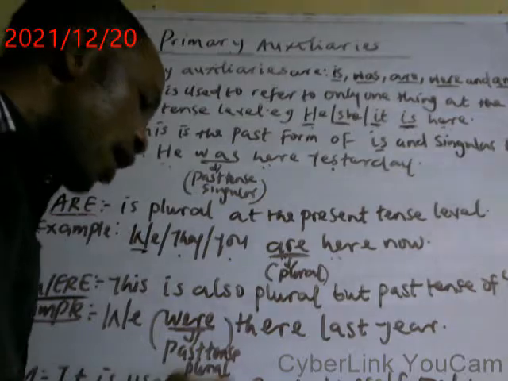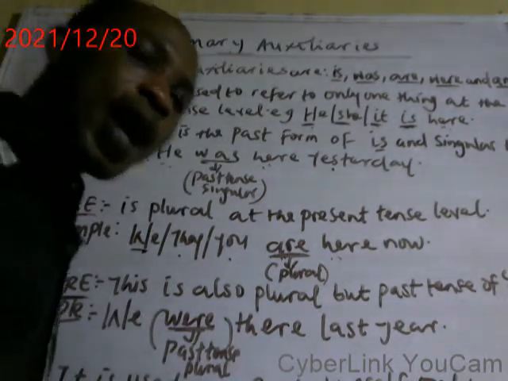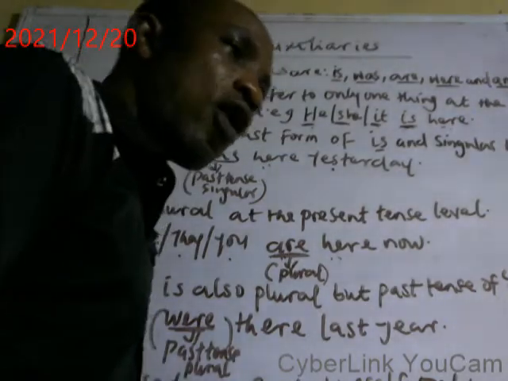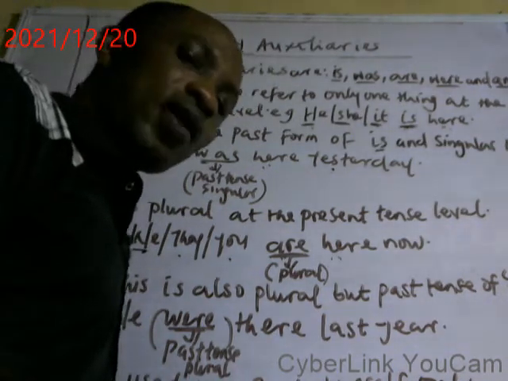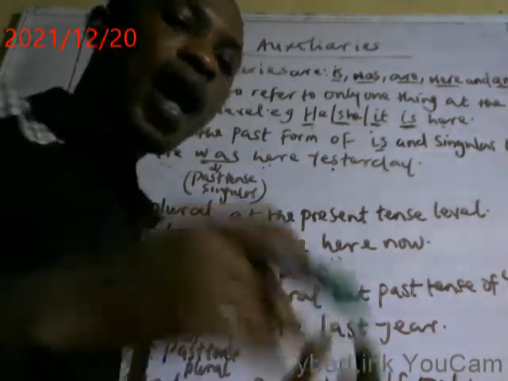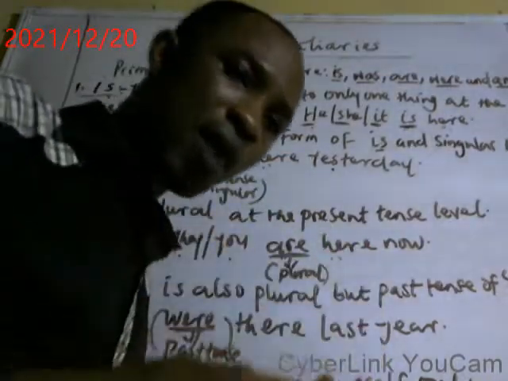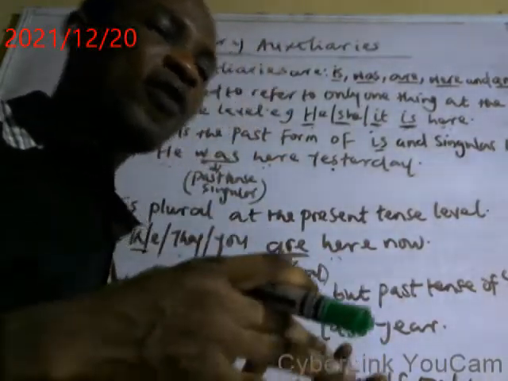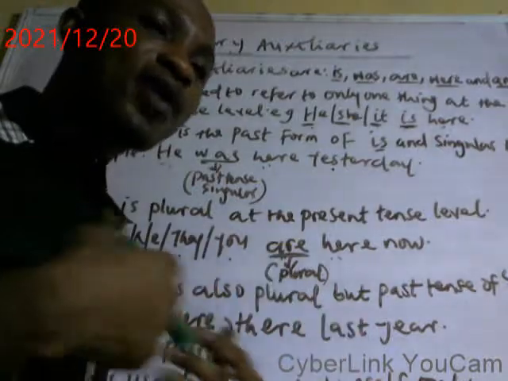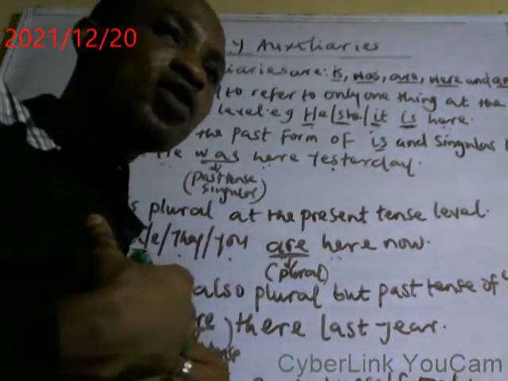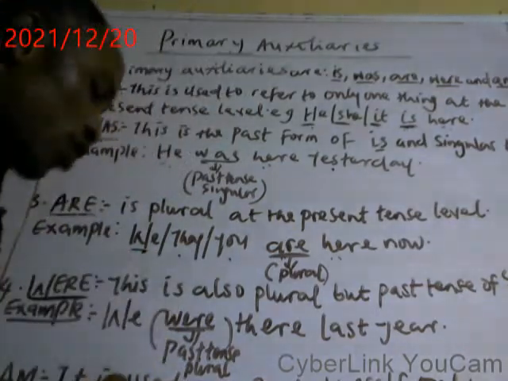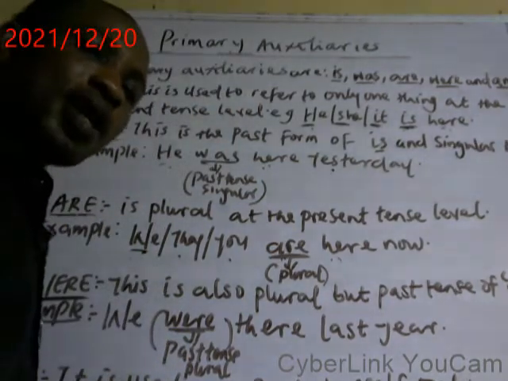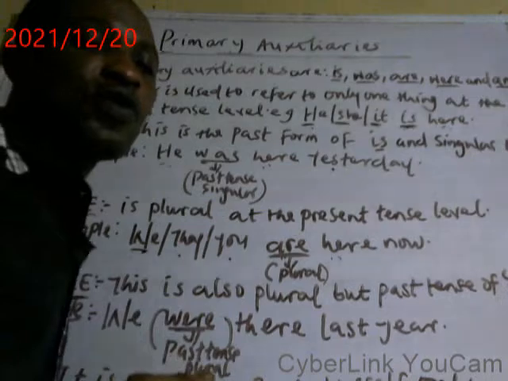I am here now. Or for example, I am teaching grammar right now. Do you see now? I'm making reference to myself. So when you make reference to yourself, use what? "Am", A-M. So far, so good.